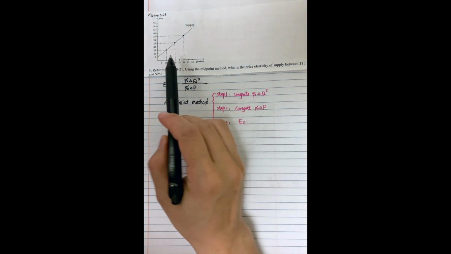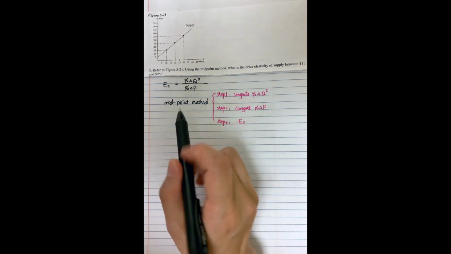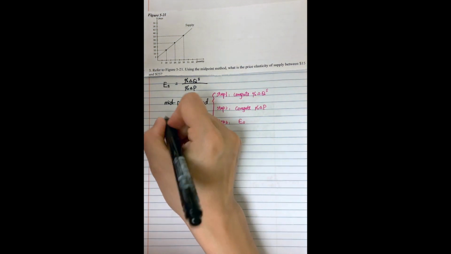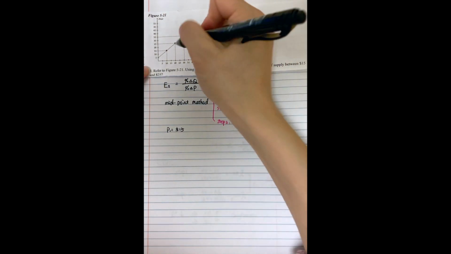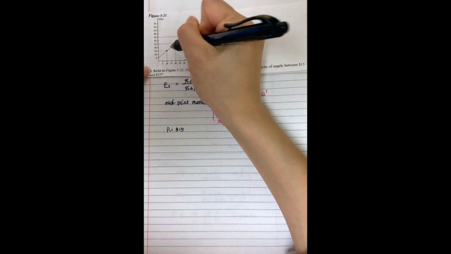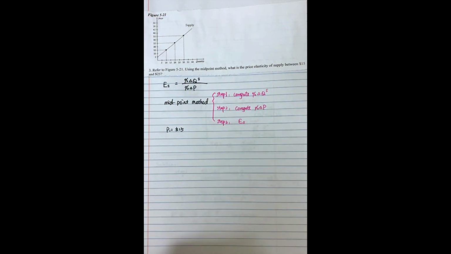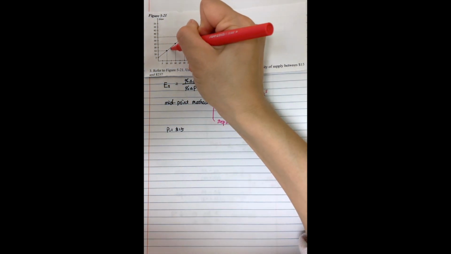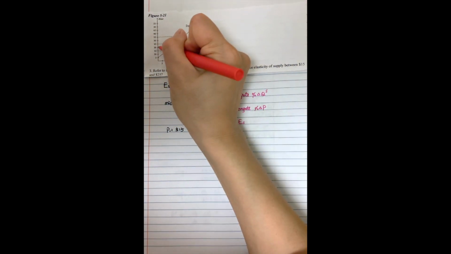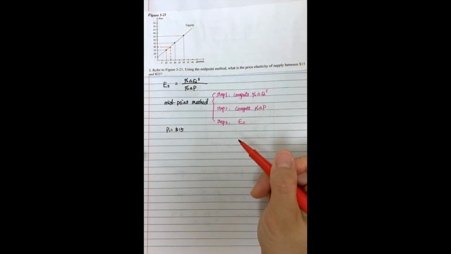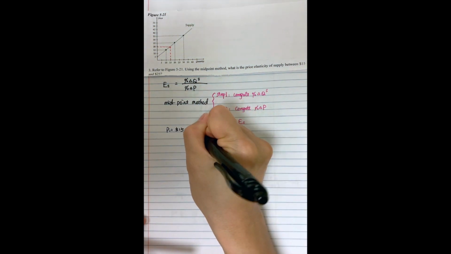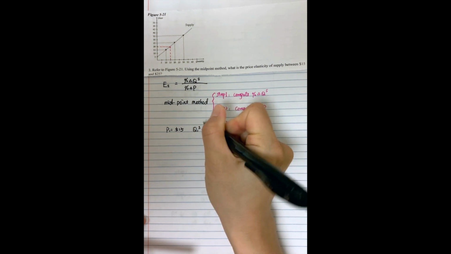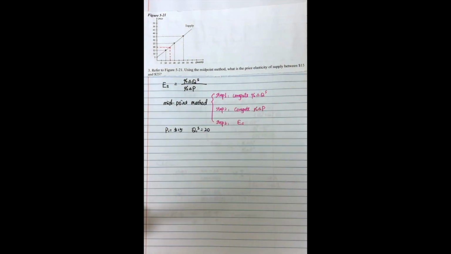So first, we can notice from $15. When price equals 15, correspondingly here, okay? I will just use another color. We can find out when price equals $15, the quantity supplied equals 20 units, okay?